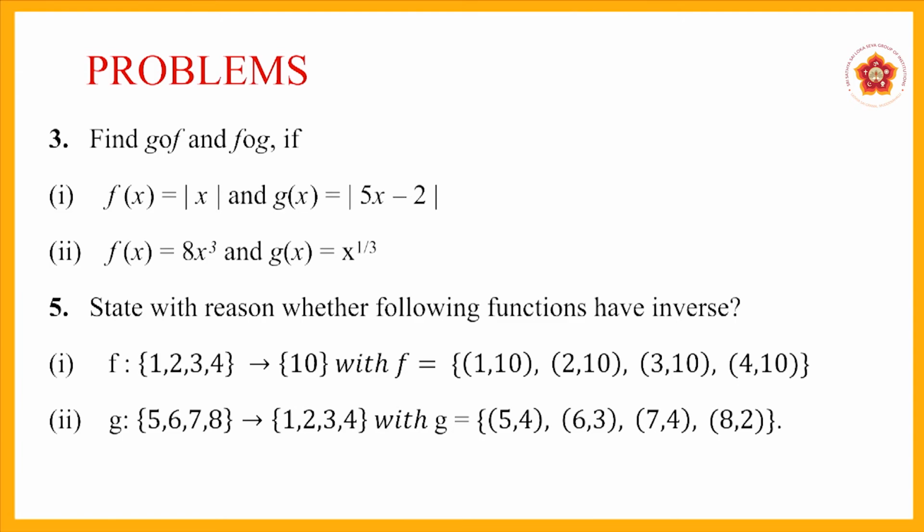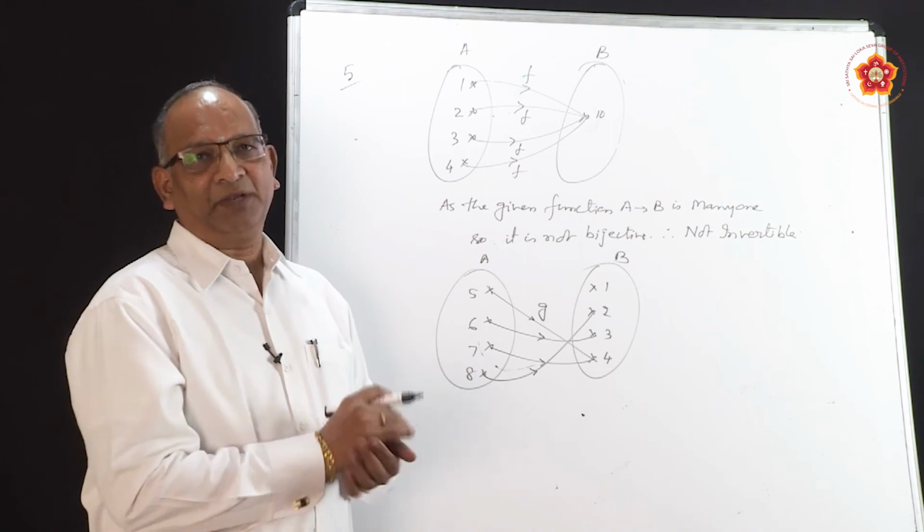Five is connected to 4, 6 is connected to 3, 7 is connected to 4, 8 is connected to 2. This is a function from A to B. Now, he is asking, is it invertible?